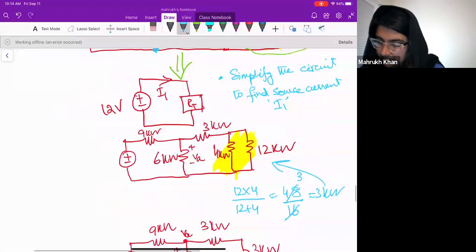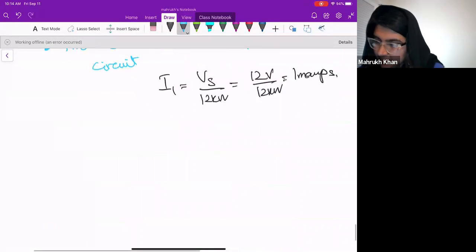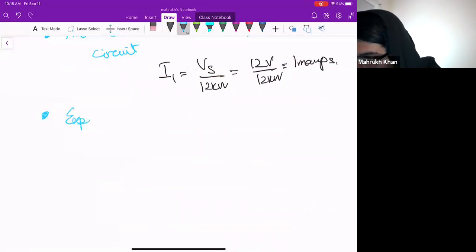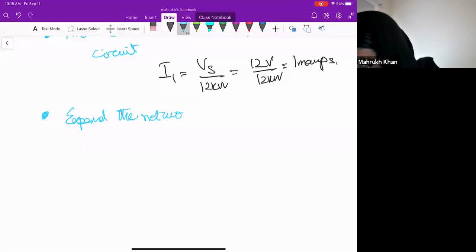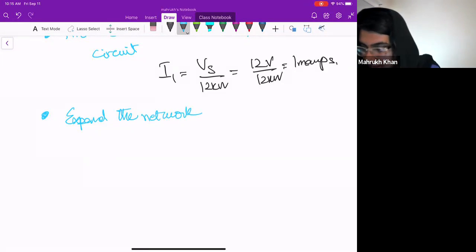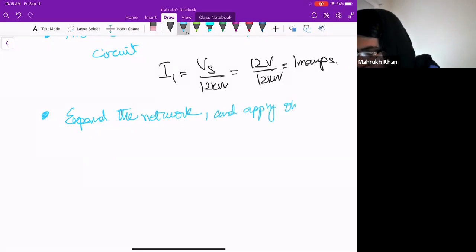So in step 3, what we are saying is expand the network and apply Ohm's law, KVL, KCL.